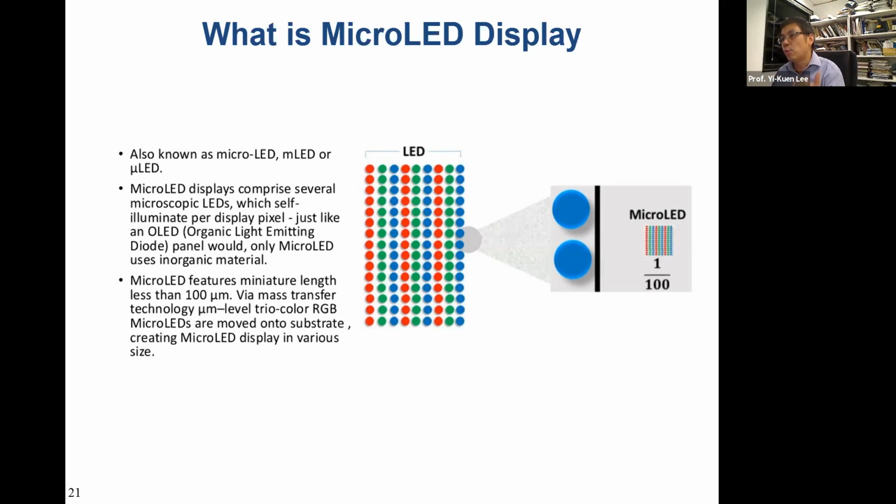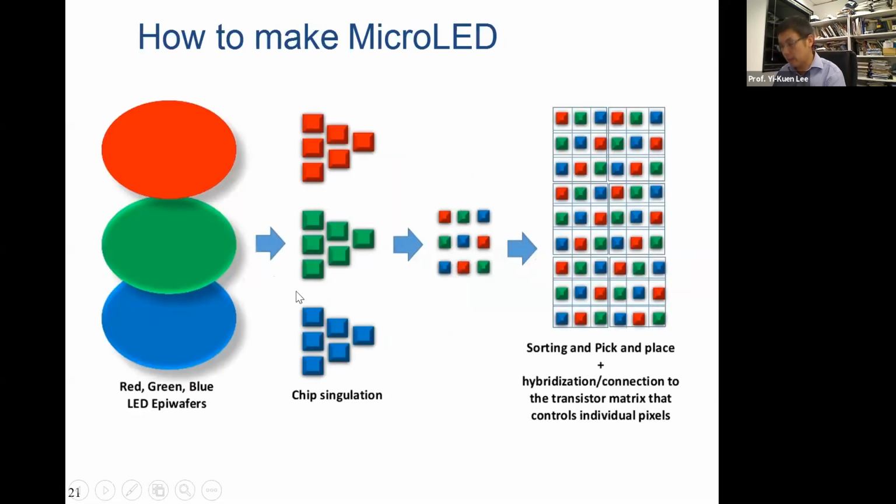As I showed you, no matter how complicated your IC, semiconductor device, or MEMS sensor, we have patterning, etching, deposition, and doping. And then we can make this kind of array of LEDs on the wafer.